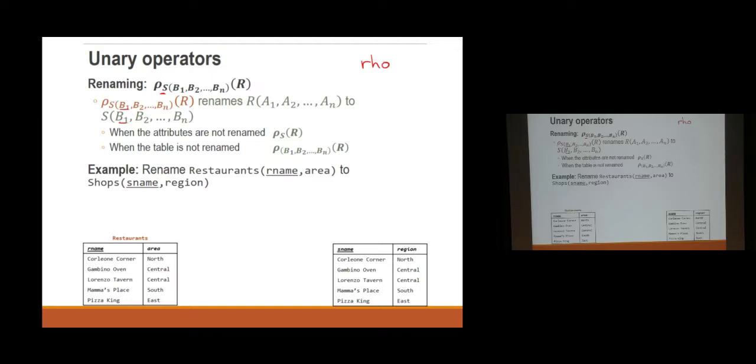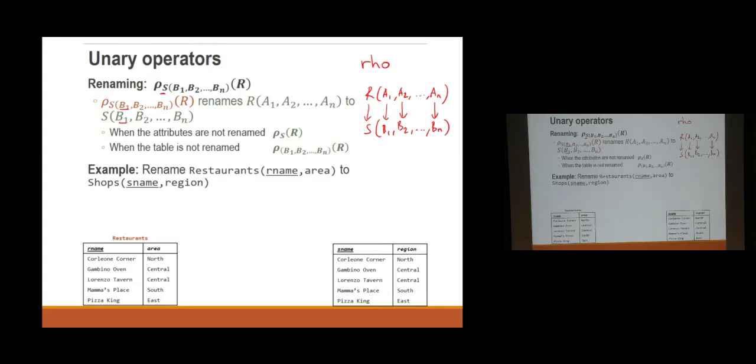You have R, A1, A2, AN, you have S, this is renamed to this, renamed to this, renamed to this, renamed to this. The number of rows and the number of columns are unchanged. And also you cannot reorder the columns. The reordering is from pi.